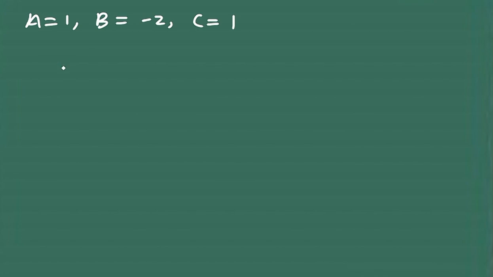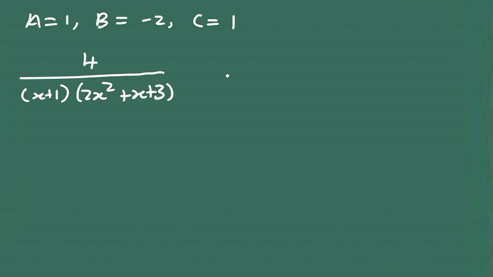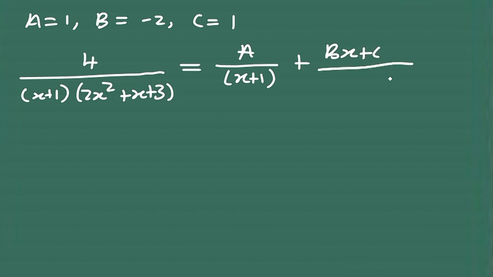Now from the given expression, we have that 4 all divided by x plus 1 times 2x squared plus x plus 3 can be expressed as a all over x plus 1 plus bx plus c all over 2x squared plus x plus 3. So now we are going to substitute the values of a, b, c into the expression.